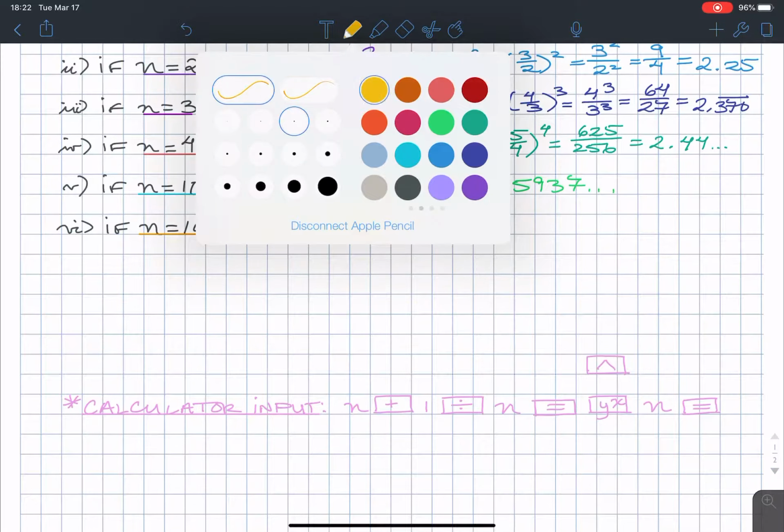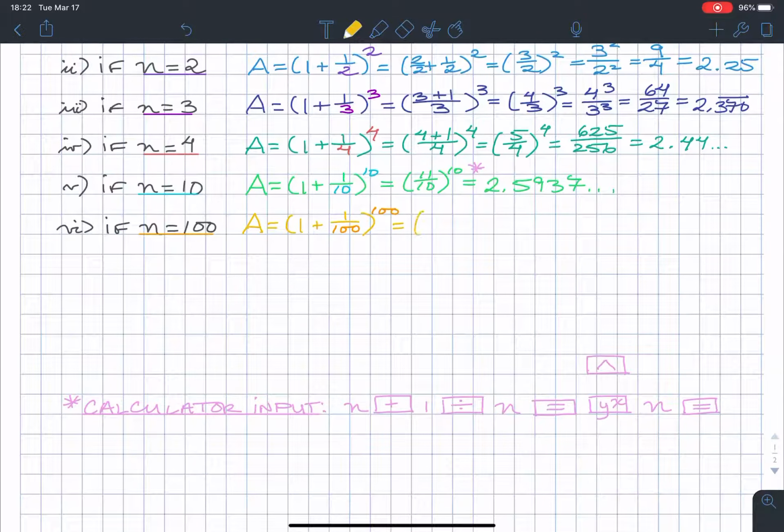So I'll have 101, remember always one more, all over 100, raised to the 100. And when I did the math there, I got 2.7048, etc. Okay, so I've gone from 2.59 to 2.7. But remember, this was an order of magnitude greater.